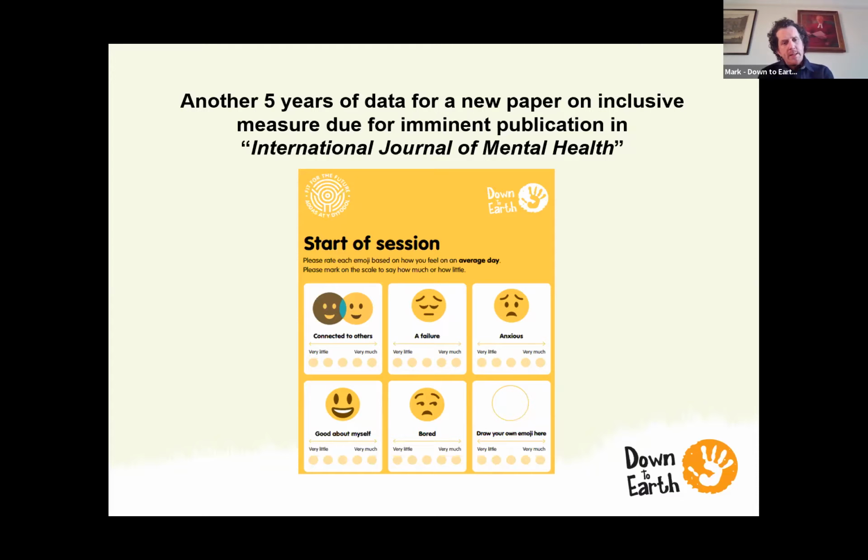We've been quite keen to look at new ways of developing measures that enable all sorts of people from all sorts of backgrounds to be able to measure how their depression or anxiety is.